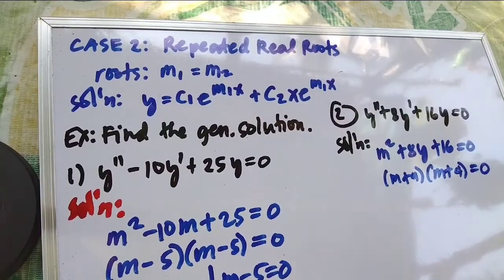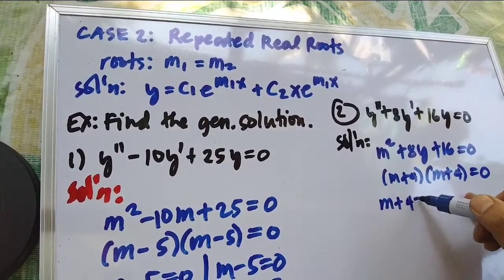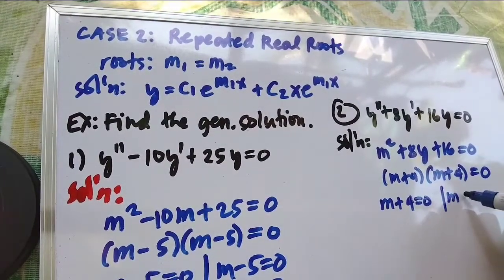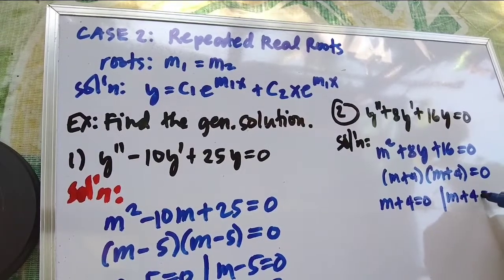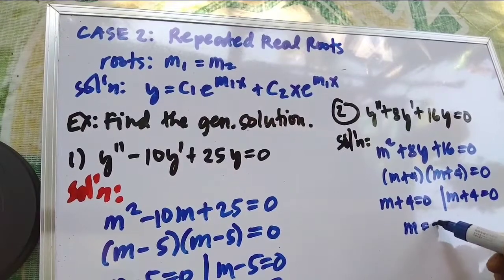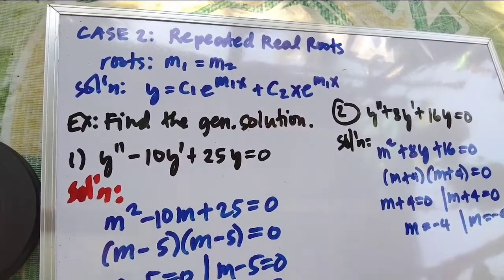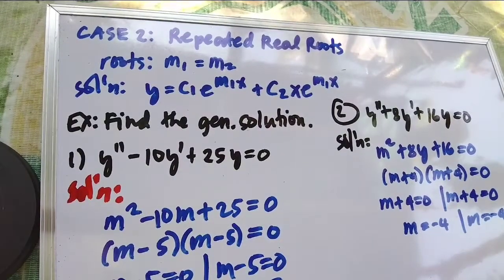Okay? Then, since you already obtained the factors, set each factor to 0. m plus 4 is equal to 0. m plus 4 is equal to 0. It follows that your m is equal to negative 4, m is equal to negative 4. So they have the same roots or equal roots.